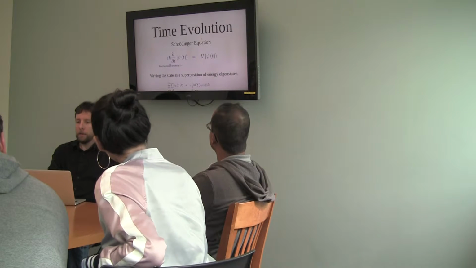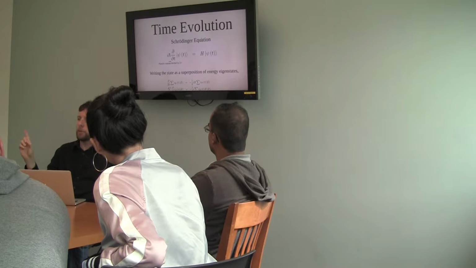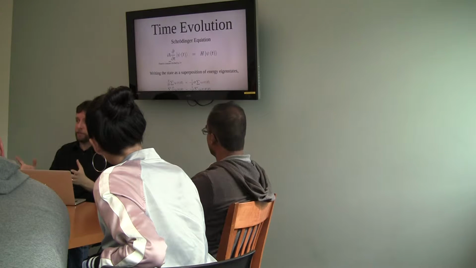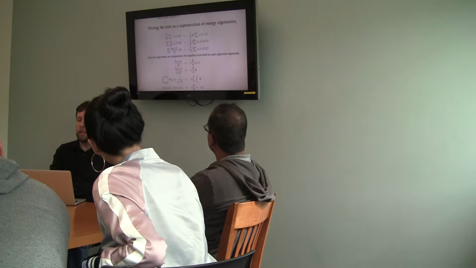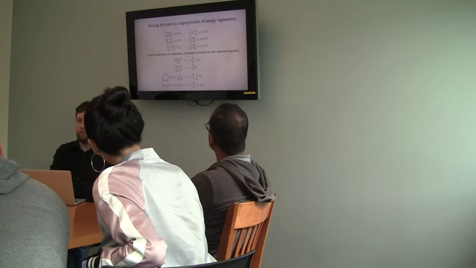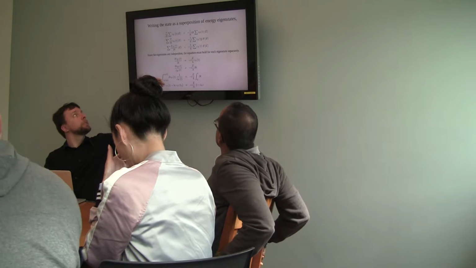Now, if we have a vector, remember we can choose whatever basis we want to write it in, and then it's going to show up as a superposition of the eigenvectors in that basis multiplied by some coefficients. So if we do that, this is still Schrodinger's equation.